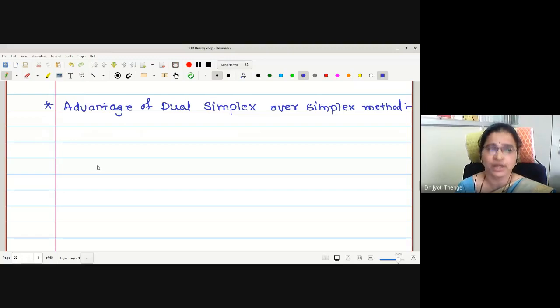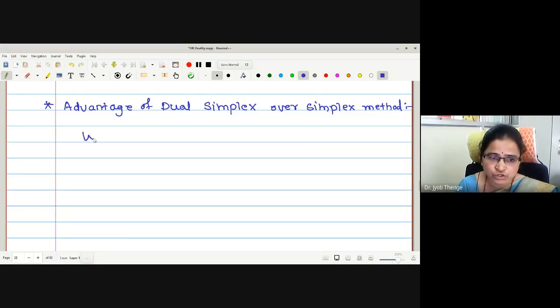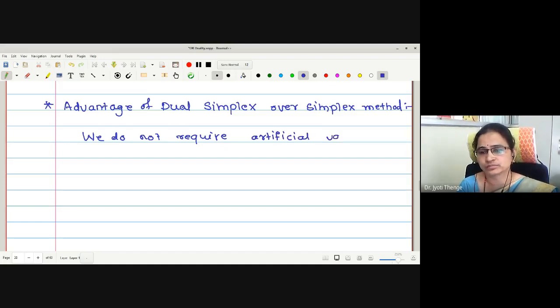Therefore, the advantage of the dual simplex method is that we do not require an artificial variable. This is the big advantage.